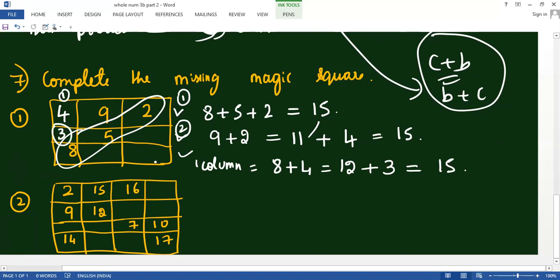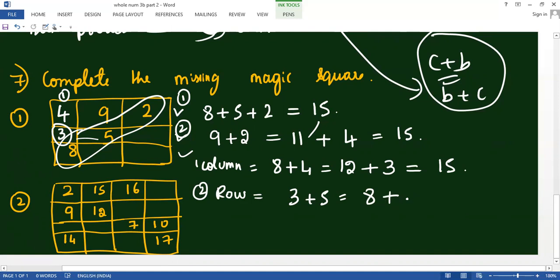Now we can take the second row, because two numbers are there: 3 plus 5, that is 5, 6, 7, 8. So 8 is not the answer because we need 15. Which number do we need to add to get 15?